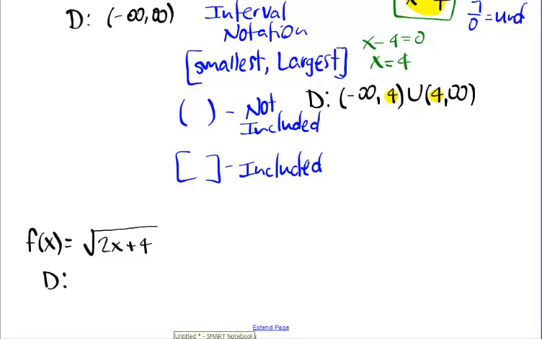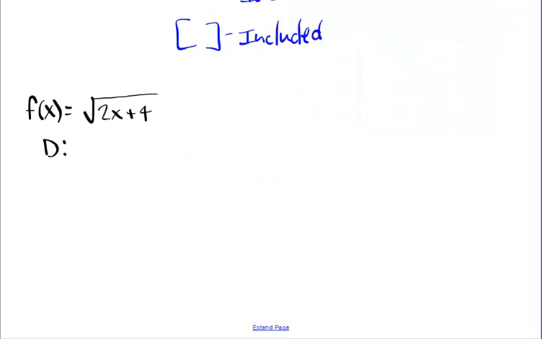When you look for domain, you automatically assume all real numbers unless you have a fraction or an even radical. And in this case, we have a square root. It's an even radical. And so what we're going to do is follow our rule. If we have an even radical, we're going to take what's under the radical and make it be larger or equal to 0. So we want 2x plus 4 to be greater than or equal to 0.